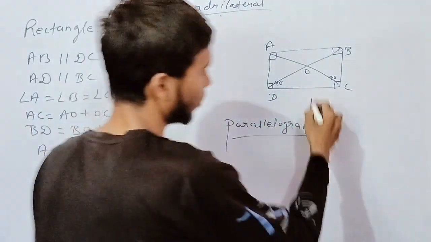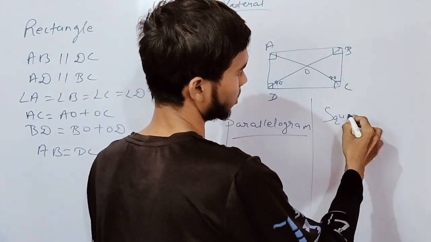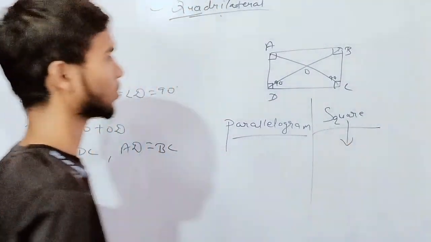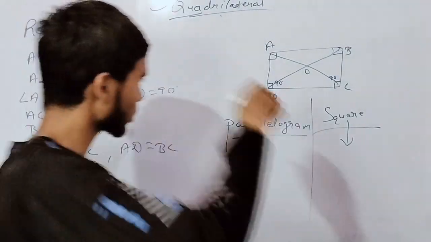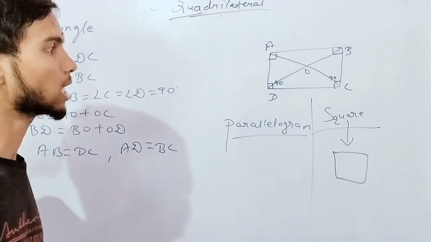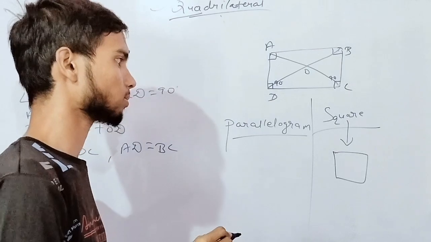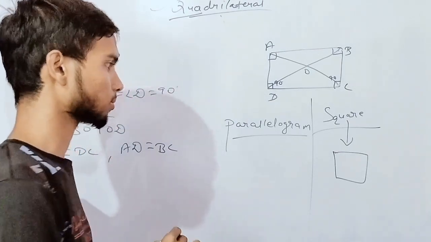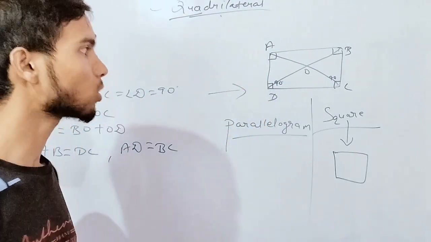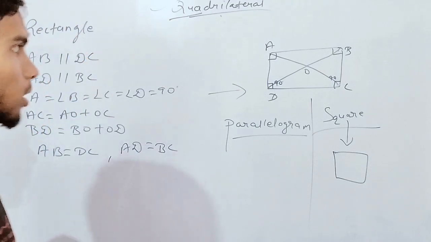Now, what about a square? A square looks like this. A square has all sides equal. But in a rectangle, all sides will not be equal.